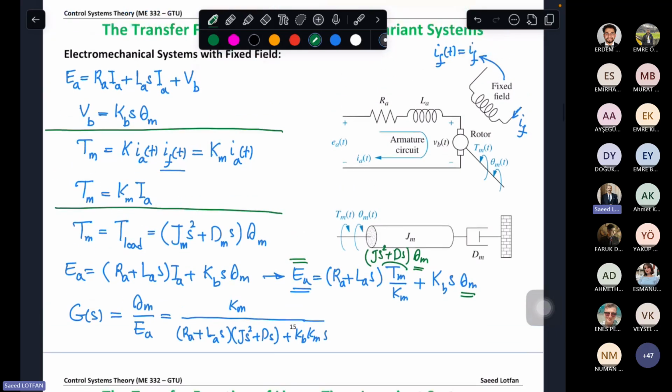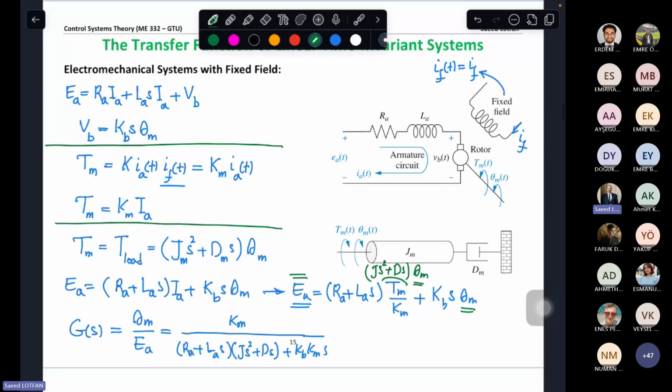Make sure you understand every assumption and every relationship that we wrote here and how we wrote them. Any question? No question?